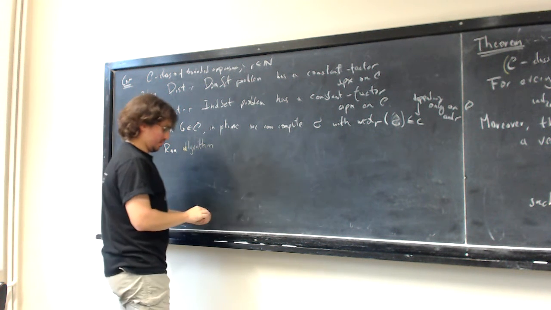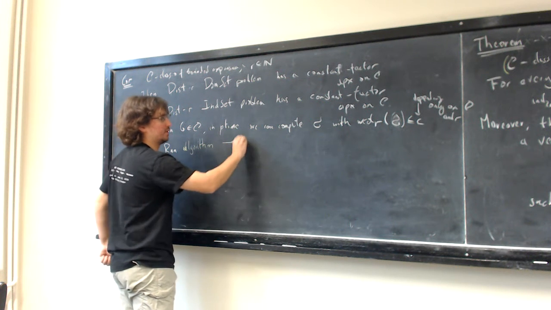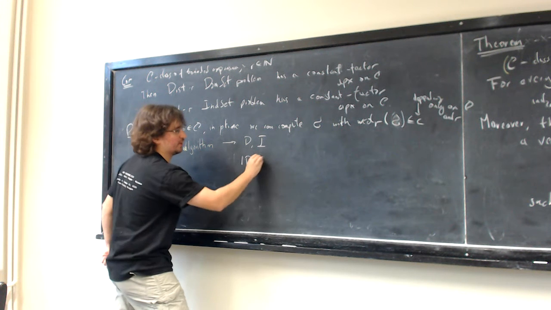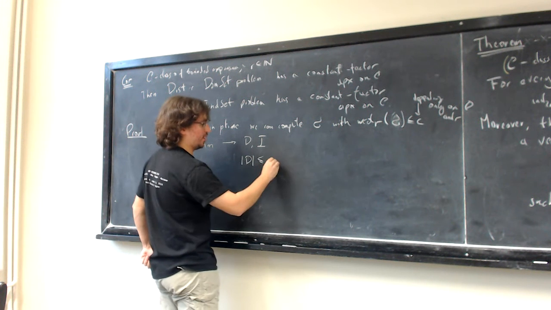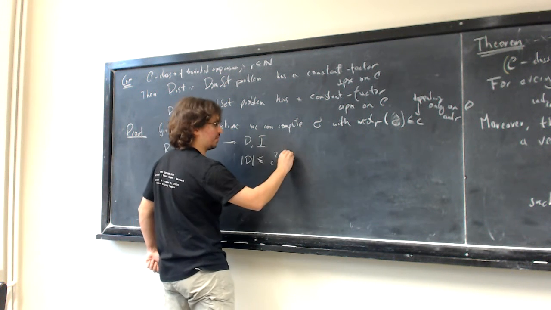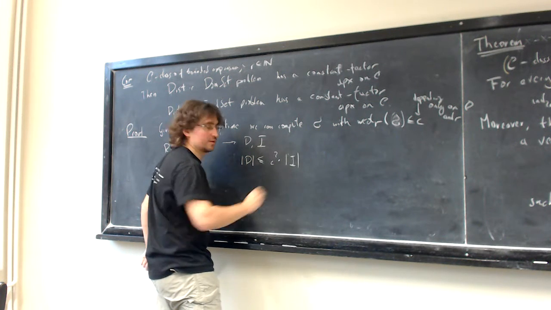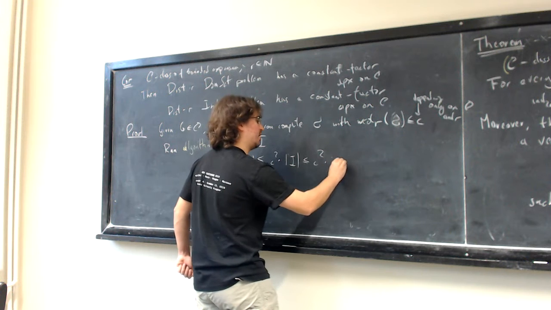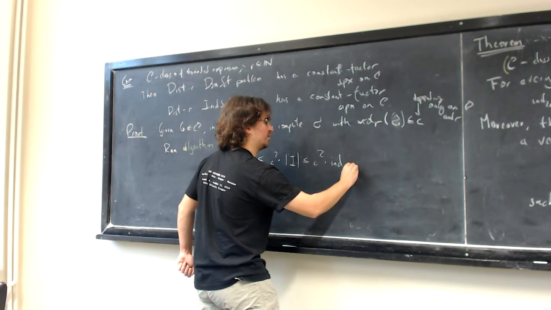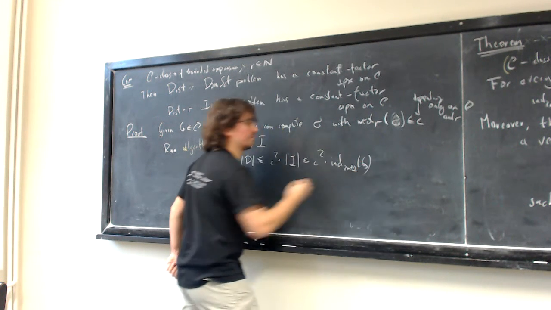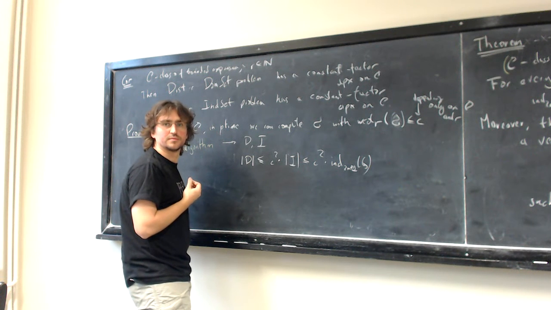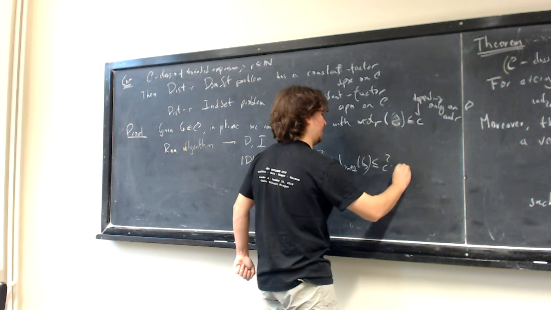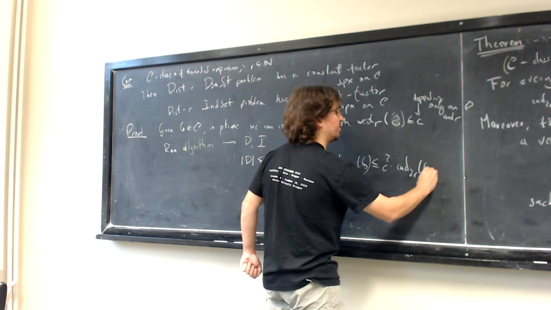yes, and this gives me D and I, and now observe that the size of D is upper bounded by, as we said, C squared times the size of I, which on the other hand is bounded by C squared times the independence number for 2R plus 1, right? Which, again, independence number for 2R, even.